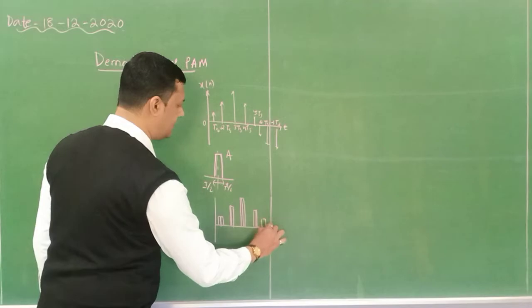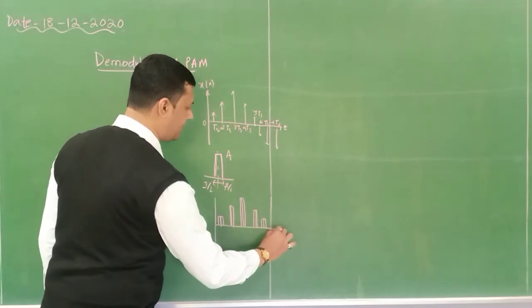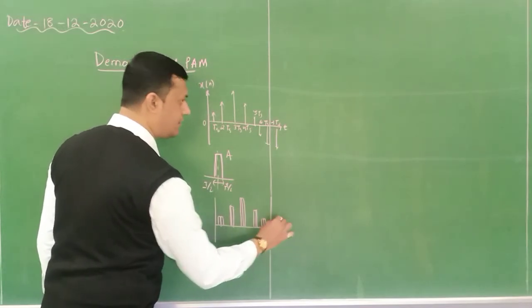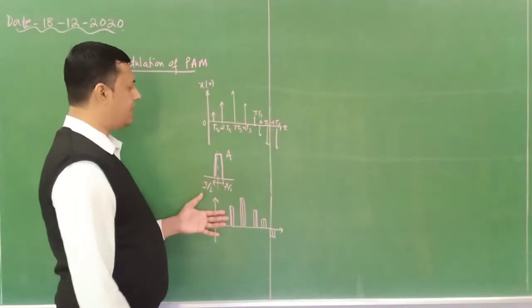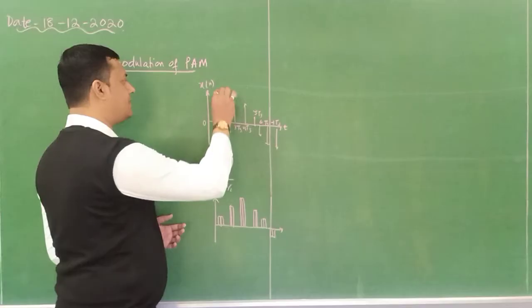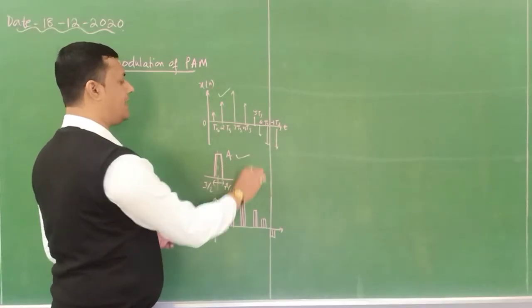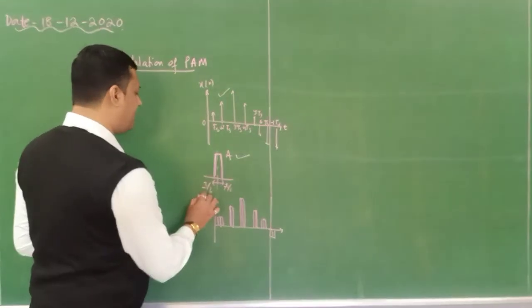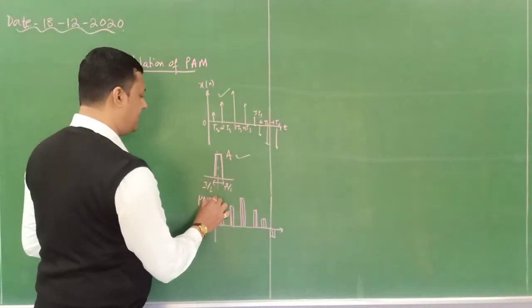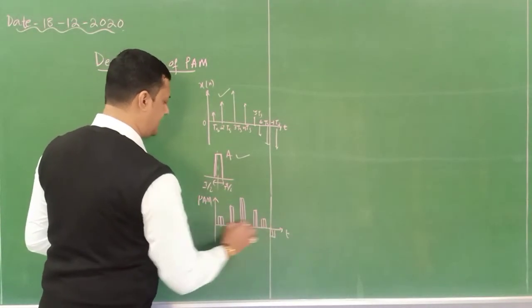Then again there is one sample, and similarly for the negative half you can consider this value. Now this signal, which we get after mixing the instantaneous sampled signal and the pulse, the resultant is a PAM signal. It is a pulse amplitude modulated signal.